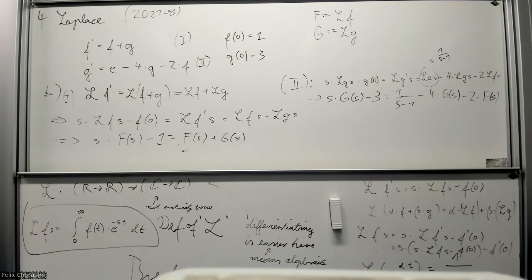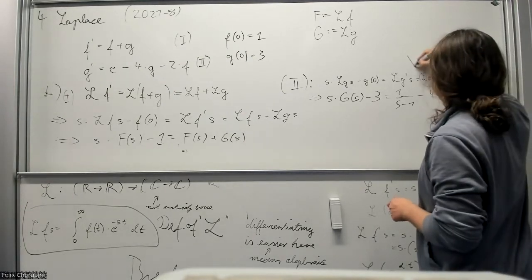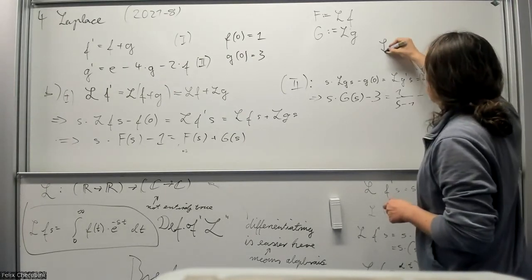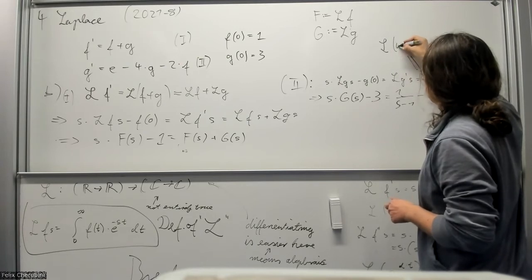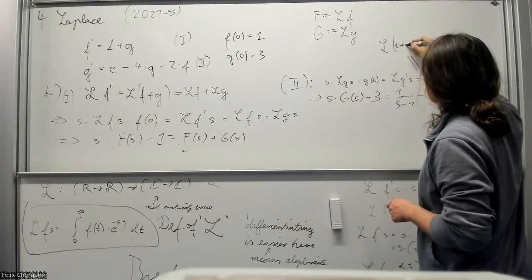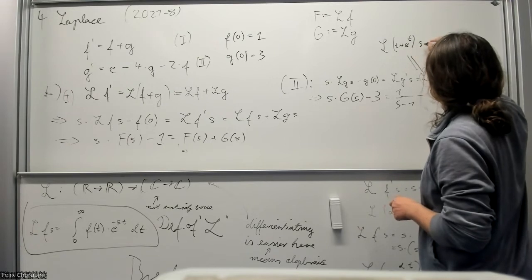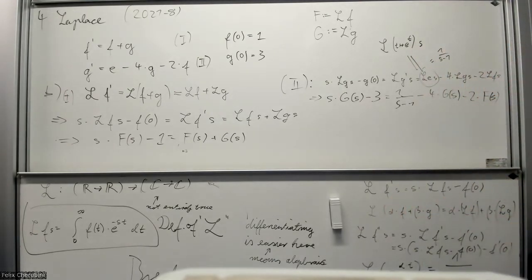Your e was just a shorthand for e to the t, right? Yes. That's admittedly a bit vague. So this is like this. If you're getting sleepy, you can compute yourself.